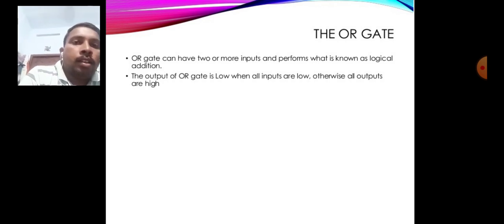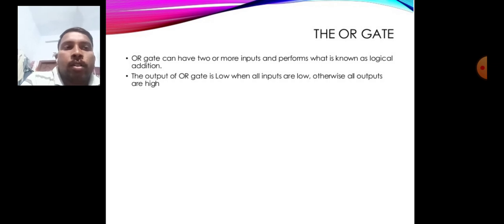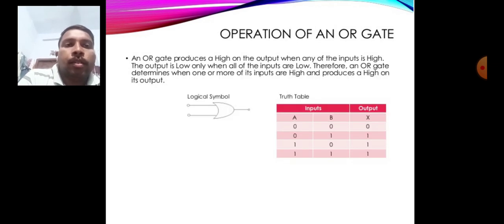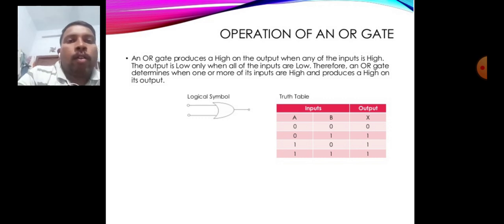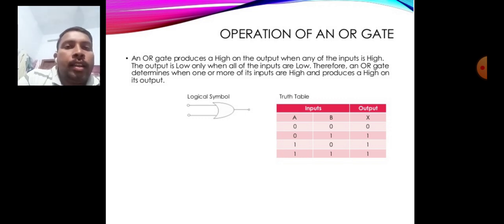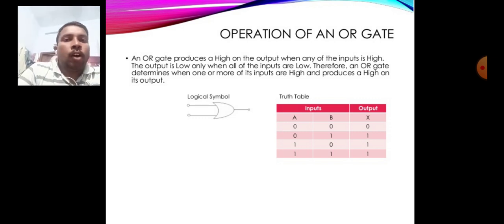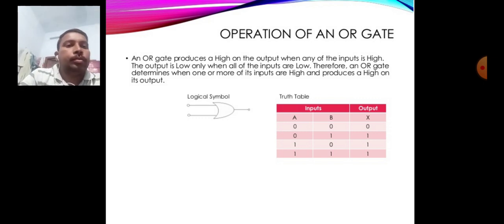So what is the truth table of the OR gate? This is the operation of an OR gate, the logical symbol and the table. Now observe from this table, if A and B are the two inputs, low and low, that means 0 and 0, then the output is 0.